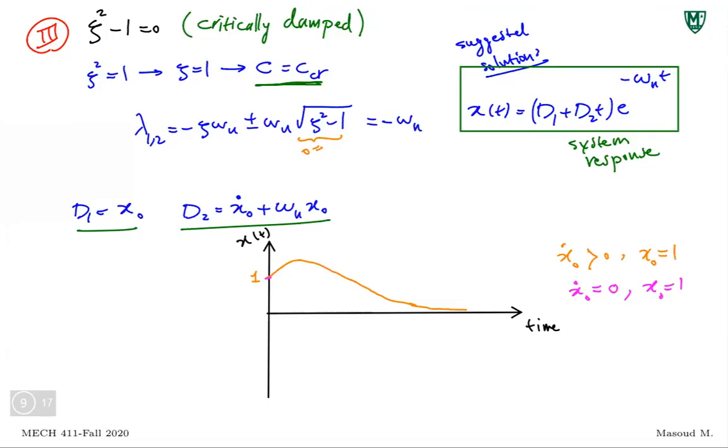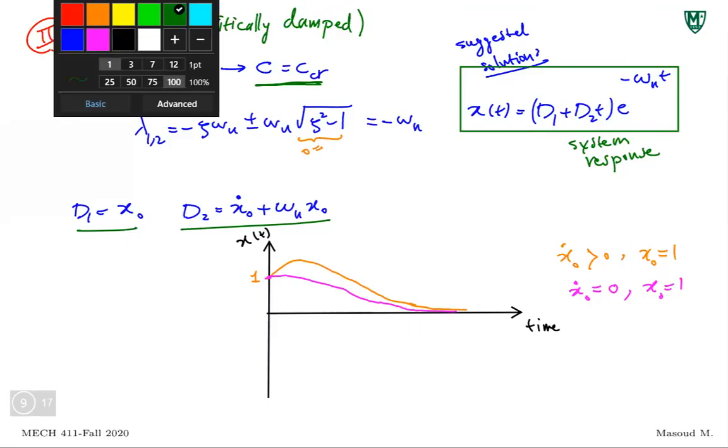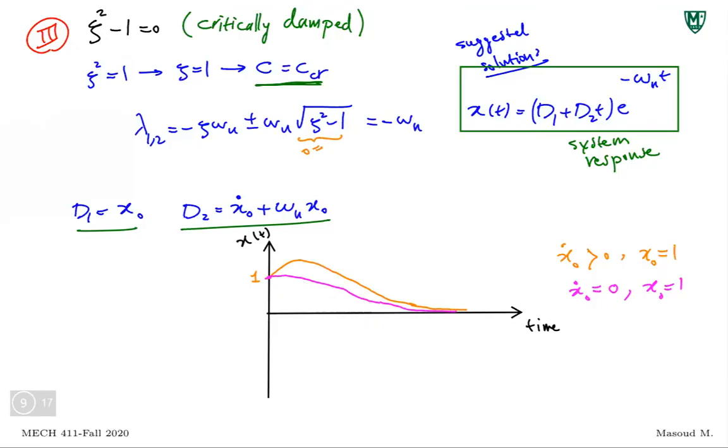Velocity is the slope of the displacement, right? Derivative of displacement. So let me see if I can draw it. So it goes straight and goes like this.